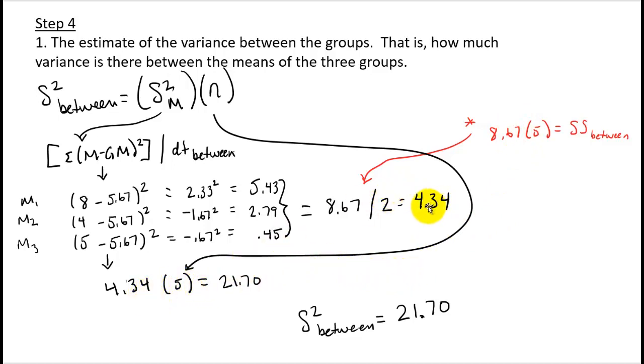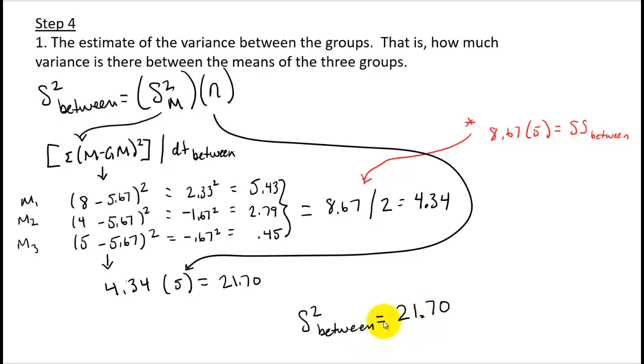Once we have our 4.34, which is our variance of the distribution of means, we multiply that by the number of people in each group, and that gives us the estimated population variance between the groups. When we do that, we get the numerator in our ratio, 21.70.